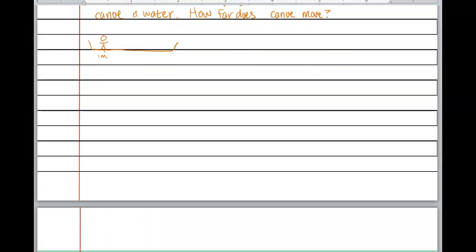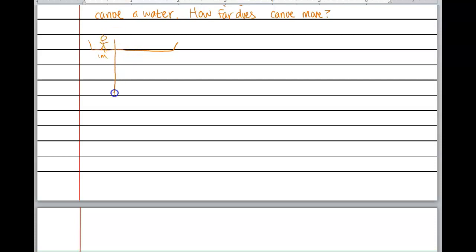So that's where he starts off. A couple things we need to know is that right now our center of mass, if it was just the canoe, would be right in the middle of the canoe. But now since we have the guy in there too, it's going to be closer to the person.